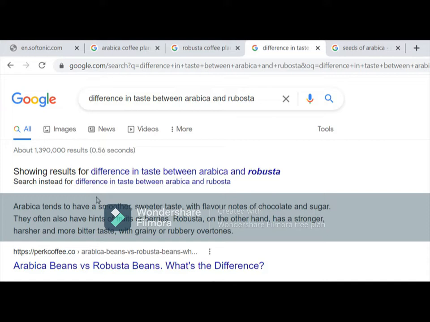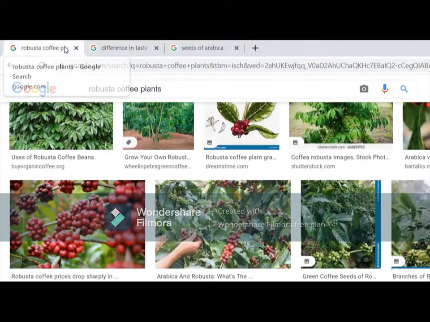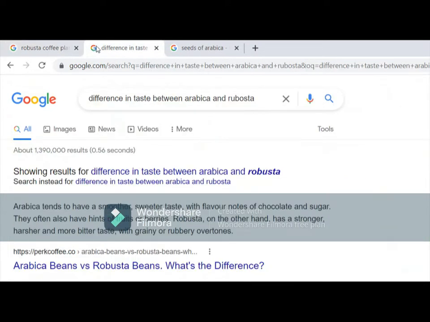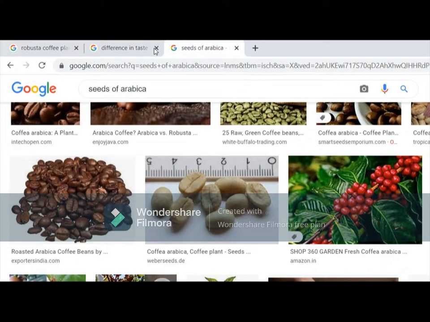Some shops, when you go there wanting to buy coffee, mix up the two, and you can never tell if it is Arabica or Robusta. But for us who grow it, who drink it every day, we can tell that this is Arabica, this is Robusta.